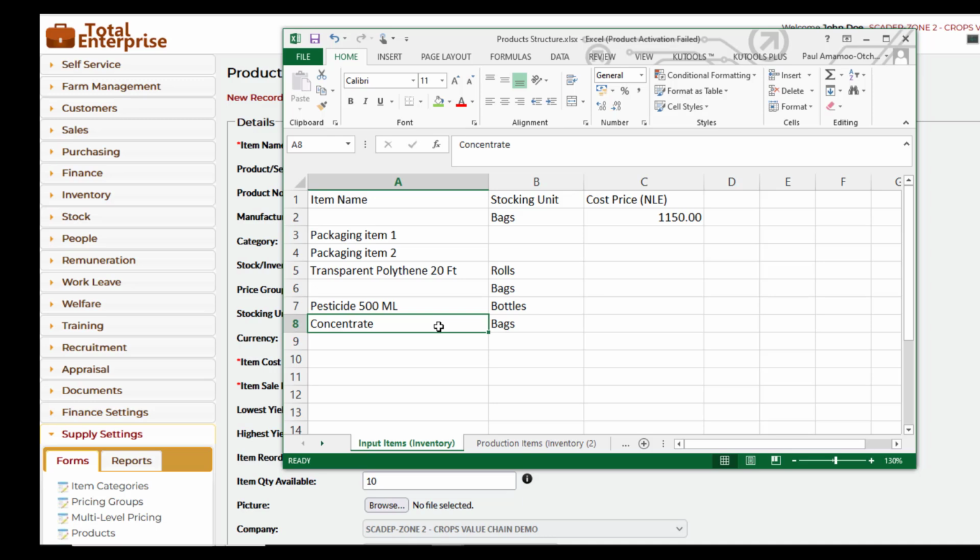Now, it is possible for your stocking unit to be in scientific units, like standard scientific units, the national standard units, like volume, mass, and so on and so forth.